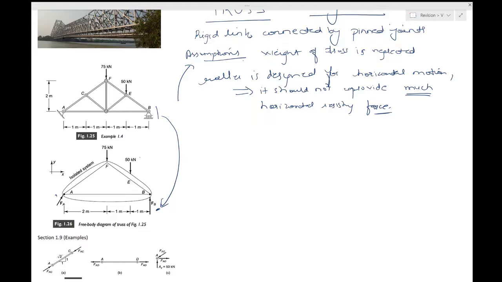Now why is it passing through the pin? Ideally, if this is the pin, it should actually pass through some distance. We have seen this in the previous class from problem 1.10 as well, but we have ignored it because the contribution of the moments is quite small. We just assume that it passes like this.